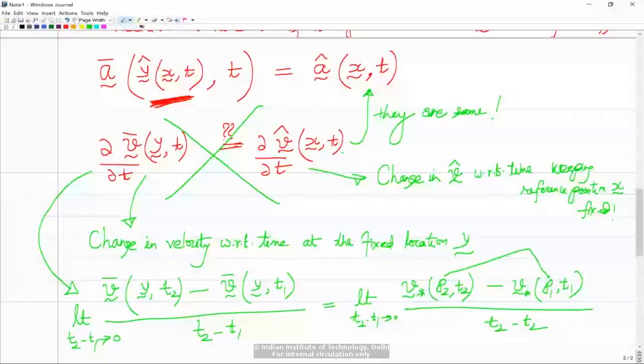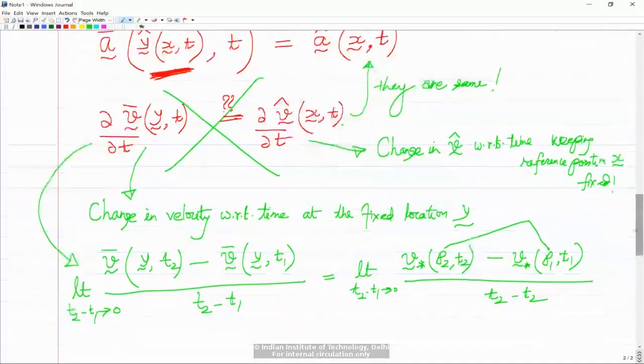But then how can we relate those two? Is there any way to relate those two? Yes, there is a way. On the left hand side you have the Eulerian time derivative, whereas on the right hand side you have the Lagrangian time derivative, and you can see that these two are not the same, just like Lagrangian and Eulerian spatial derivatives were not the same. The same applies to time derivatives.